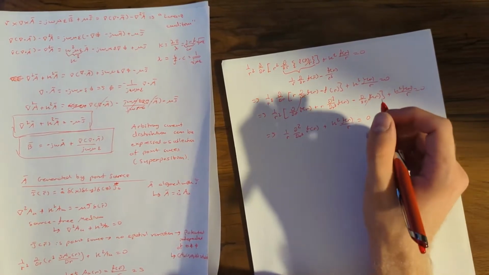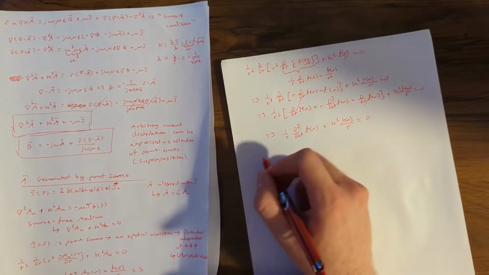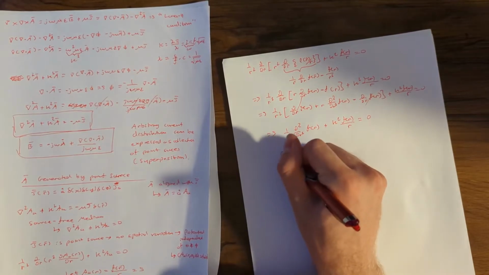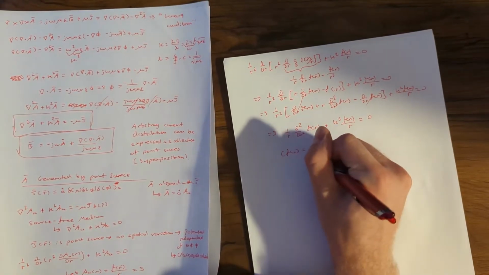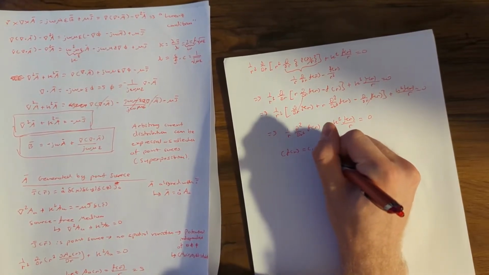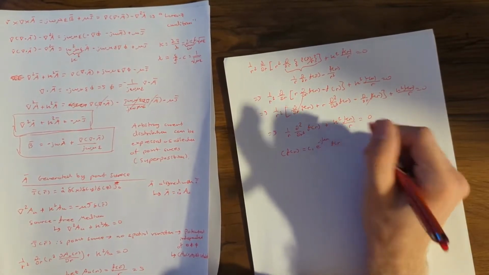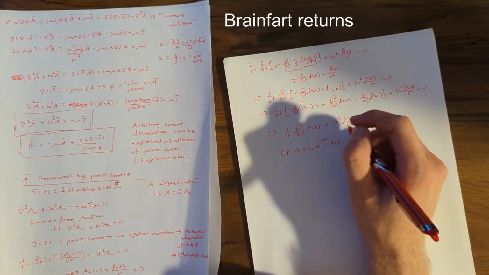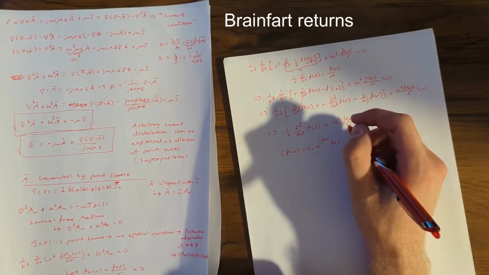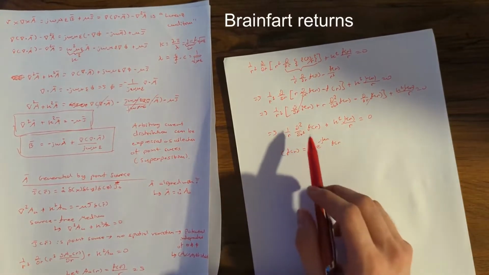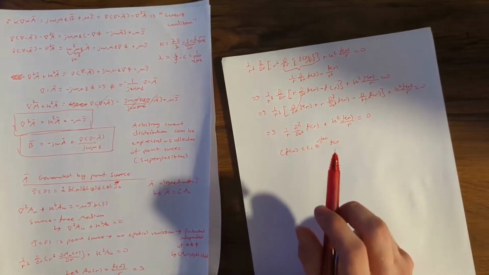So, what does this look like? A second order differential equation. We know for a second order differential equation in this form, we will have a solution where f of r will be equal to c1 e to the negative jkr. I'm very sorry, my notes were correct.